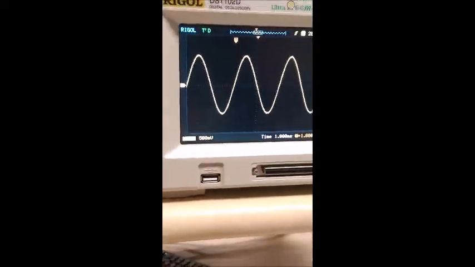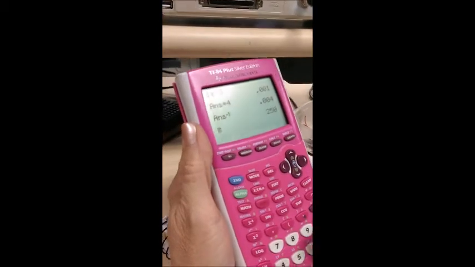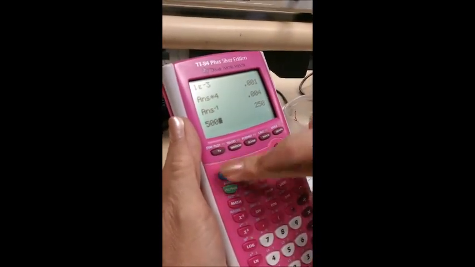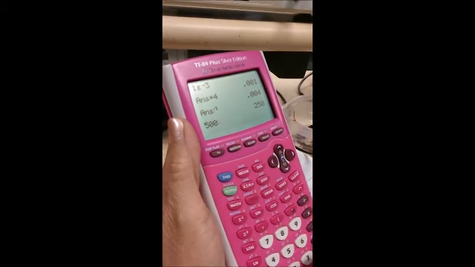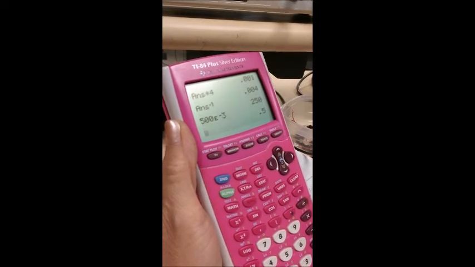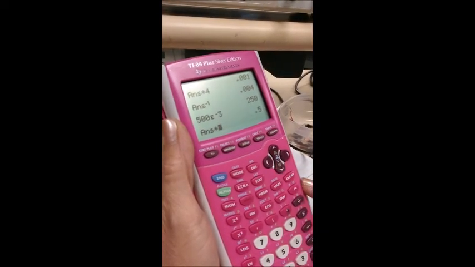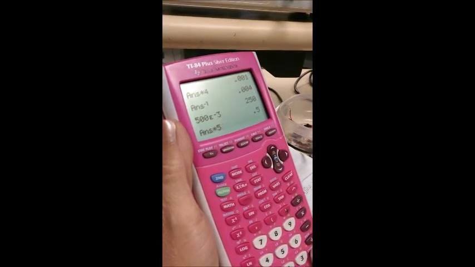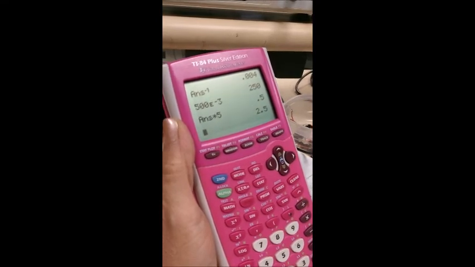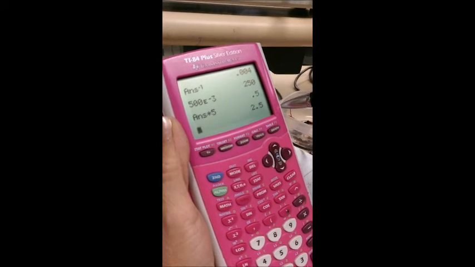As you can see, 500 millivolts. So we'll be using our calculator for that, using our 500 millivolts, which is, again, times 10 to the negative 3. We will be multiplying that by the quantity of divisions, which we have as 5 divisions, for an answer of 2.5. So that is 2.5 volts peak to peak.